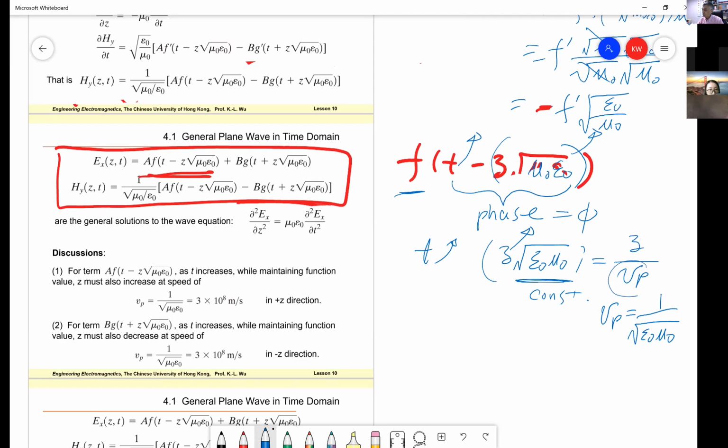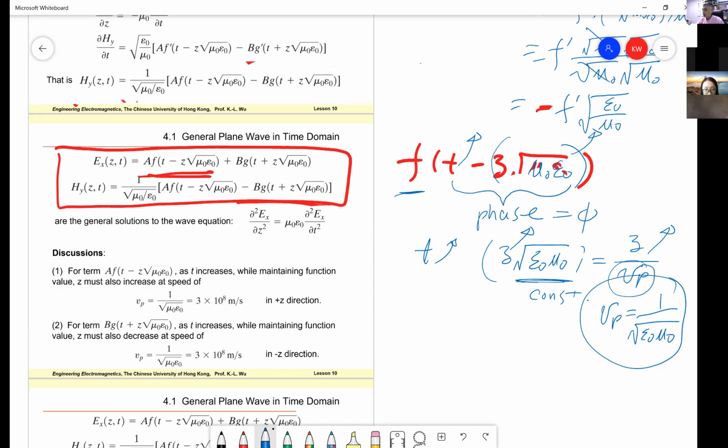So this becomes the speed of the wave. The wave carries the same function value f and moves at speed Vp, at the speed of this.